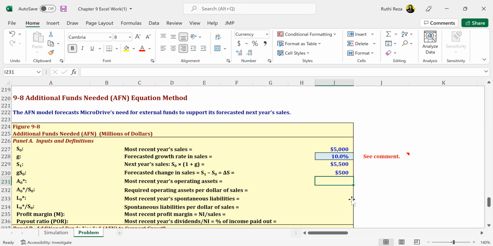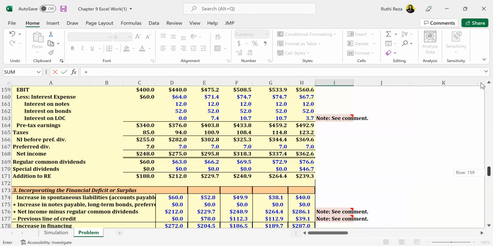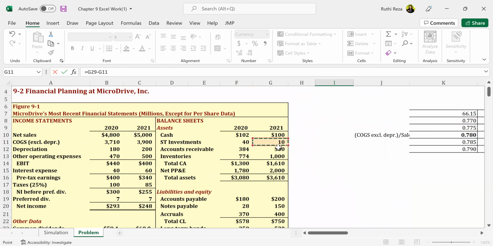And then the most recent year's operating assets. So here, operating assets do not include investments because those are not related to your day-to-day operation. So we are going to reduce our total assets in the year 2021 by the investment amounts.